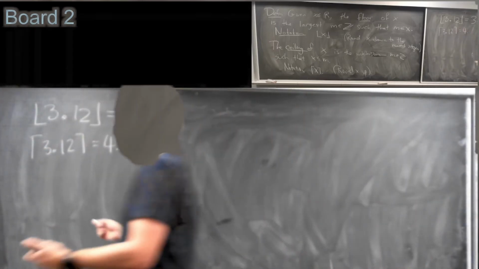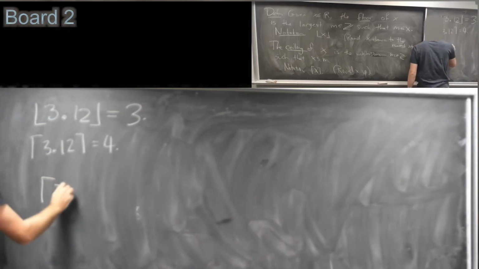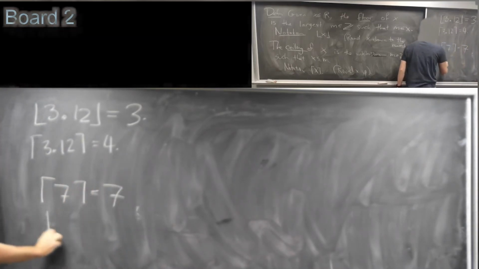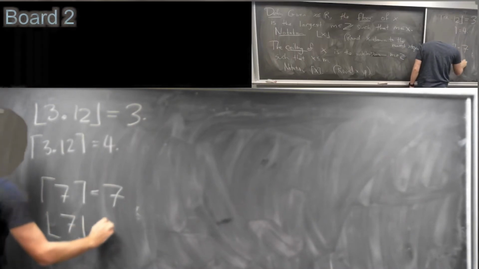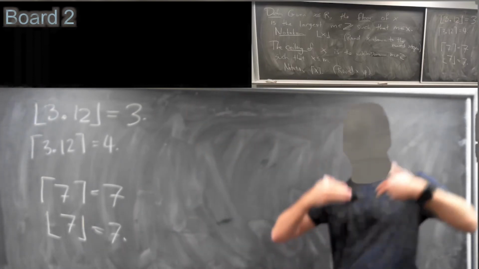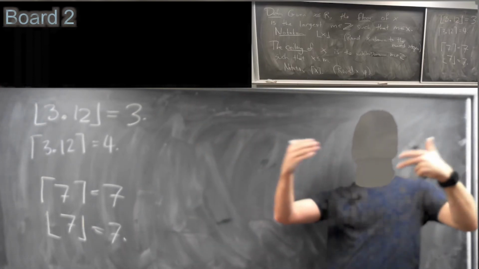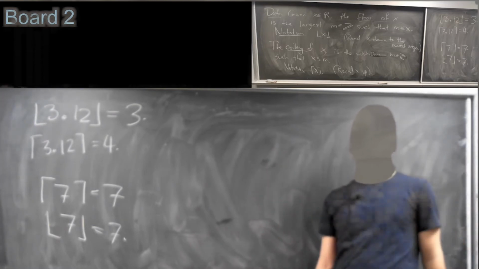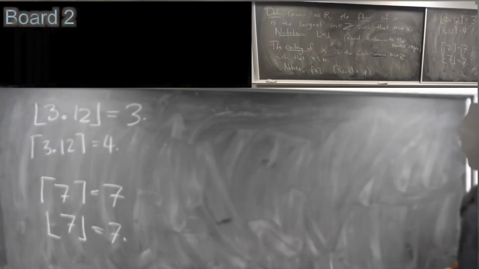Now, if I take an actual integer, like 7, and I take the ceiling, I always get 7. And if I take the floor, I get 7 as well. If I try to round an integer up, it's already rounded, or if I round it down, it's already an integer, so it doesn't do anything.